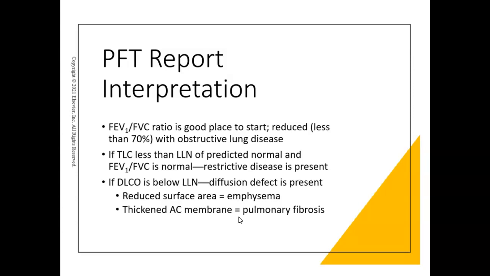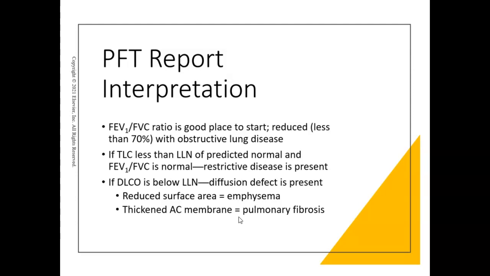But you always need that human eye on it to make sure it's accurate. Typically what we're looking at first is that FEV1/FVC ratio. If it's less than 70% of predicted, then I know I have an obstructive disease.